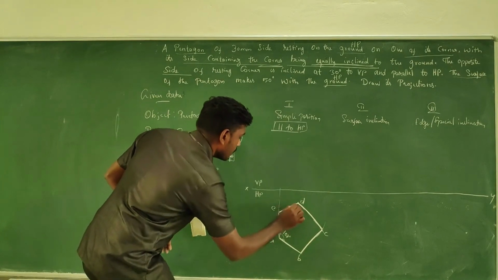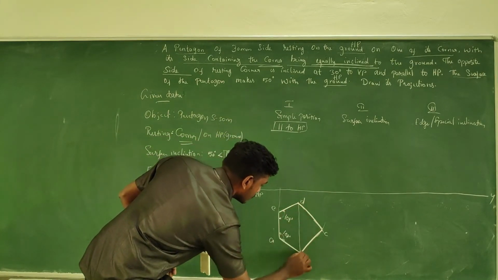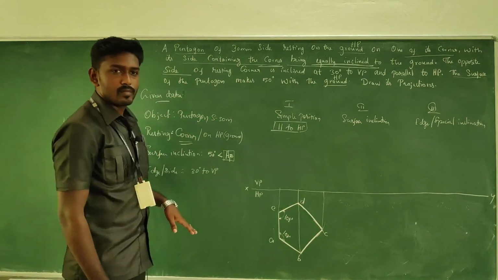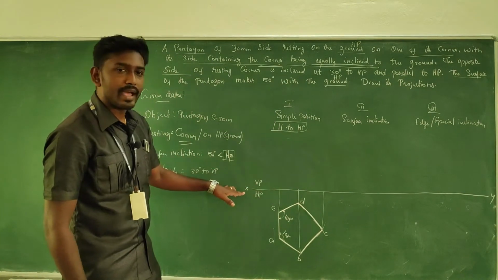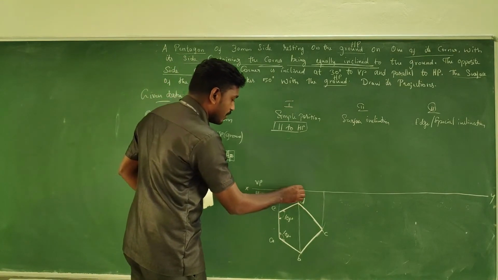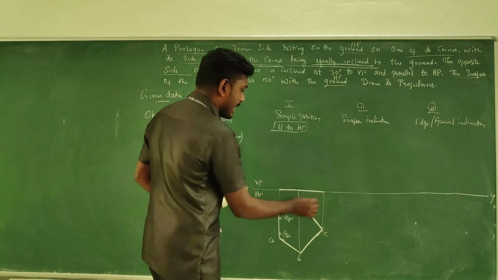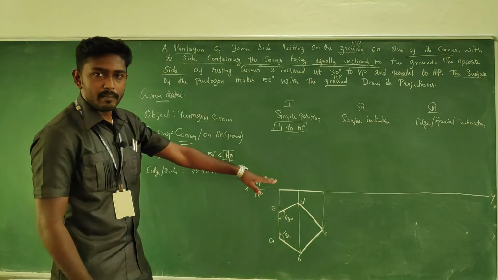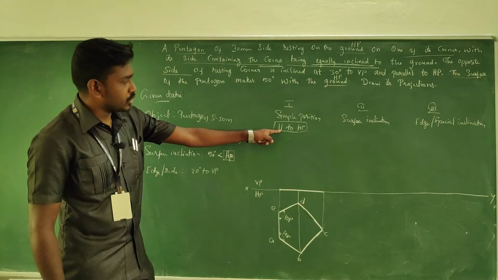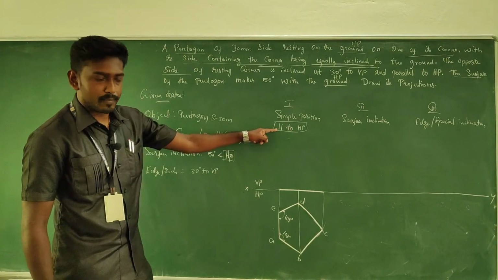By taking the projectors from all the corners or all the points from the view, extending to the level of XY, and just have a straight line between the projectors on the XY line. We will be tracing out the front view for the simple position parallel to HP, right?